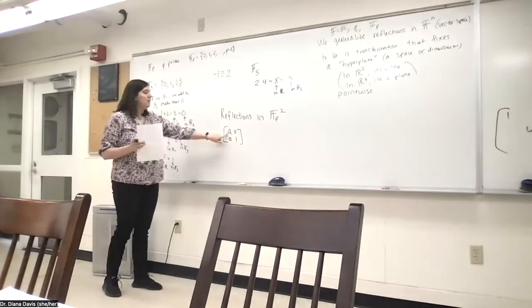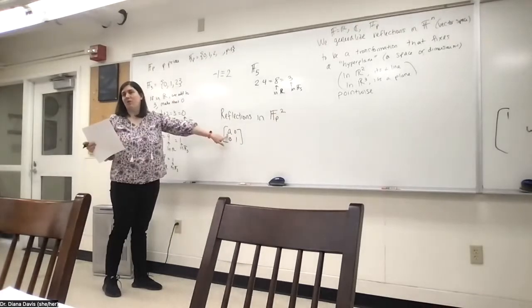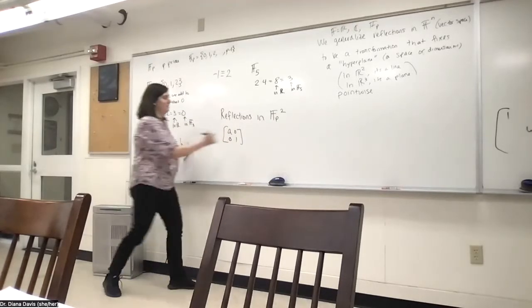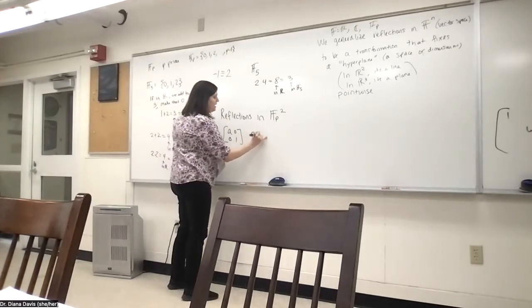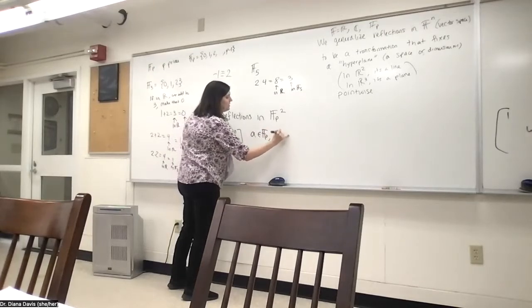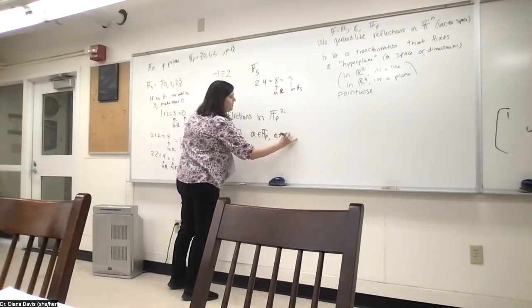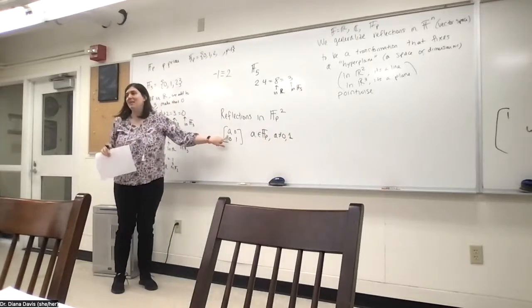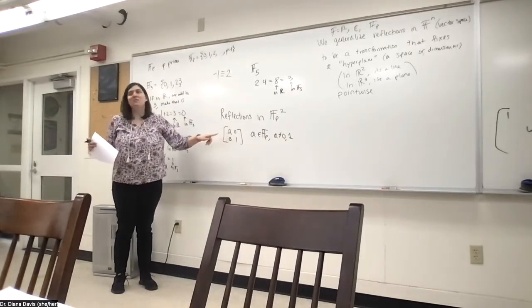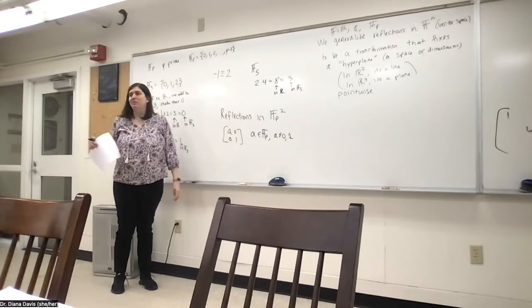And here a could be anything except for 0 or 1. So here a is in F_p, but a is not 0 and not 1. Because if it were 1, then this is the identity, and it doesn't matter what you do. And if it were 0, then it's not a reflection.